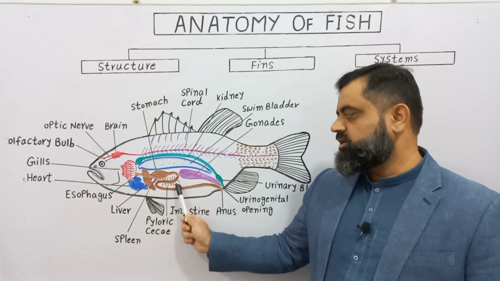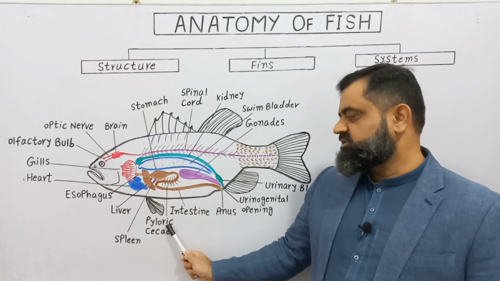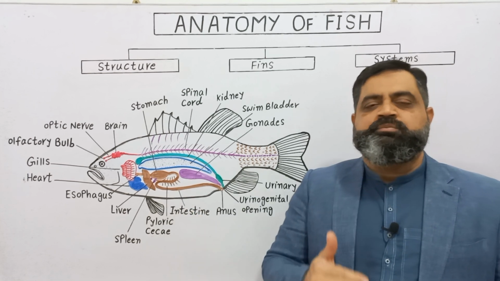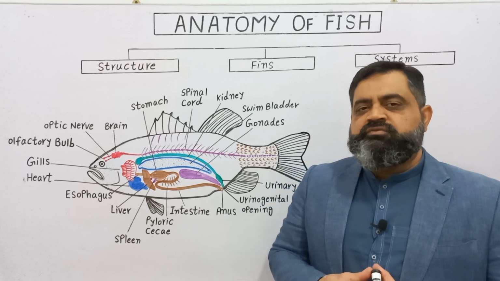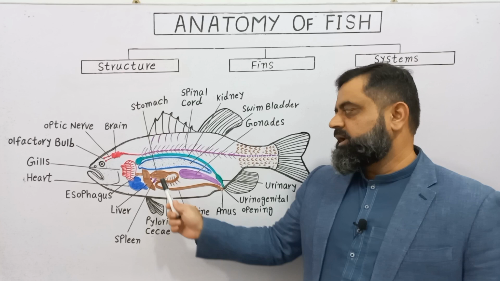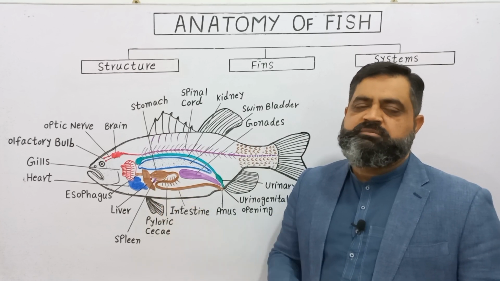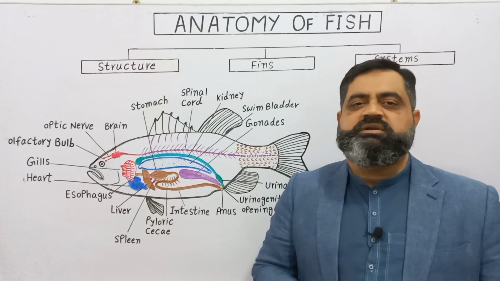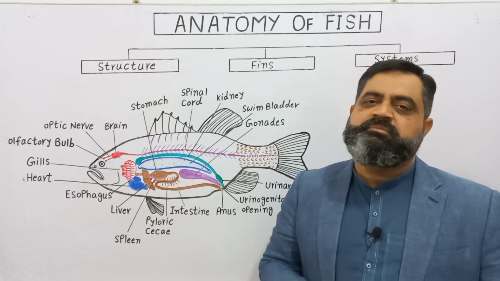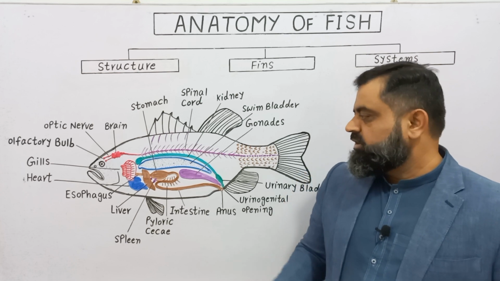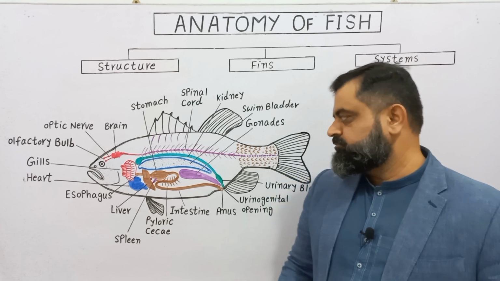And there are also small finger-like projections known as pyloric caeca which open into the duodenum. Enzymes from the pyloric caeca, pancreas and bile from the gallbladder produced by the liver pour into the small intestine where different components of the food are digested, just like the digestive system of other animals.